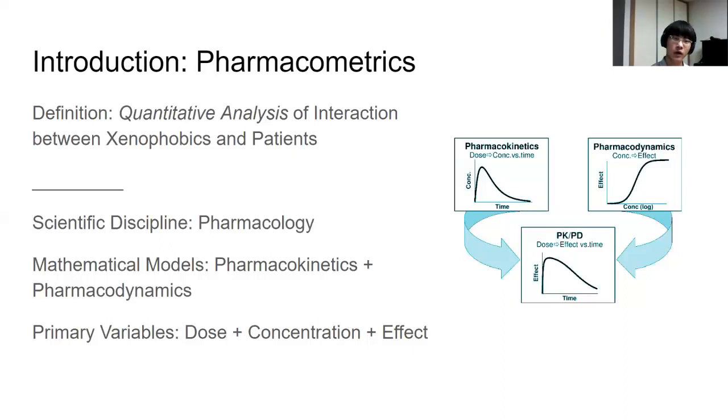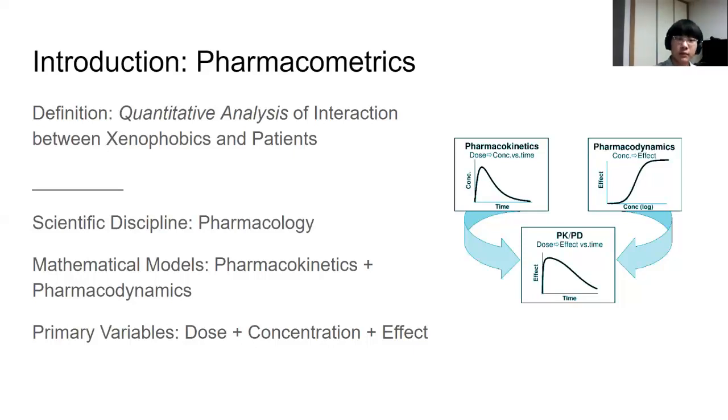It belongs to pharmacology, and it is based on two models. First is pharmacokinetics, which is the study of the drug concentration inside your body over a certain amount of time. And the second one is pharmacodynamics, which is the relationship between the concentration of the drug and the effect that it has. Because as we all know, drugs all have their own unique effects on our body.